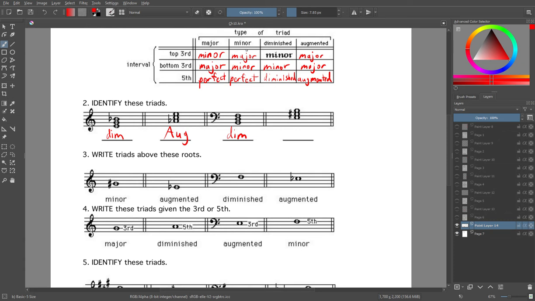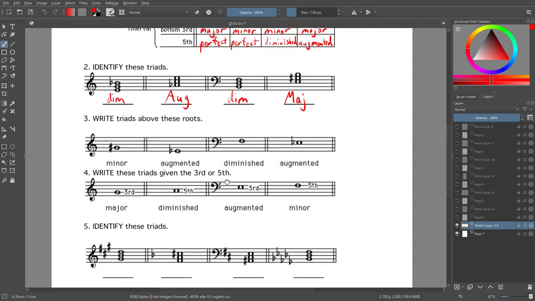So we can rule out minor and diminished triads. Now the top third. Is it a major or minor third? G sharp to B. That is a minor third. So we got major on the bottom, minor on the top. That is a major triad.